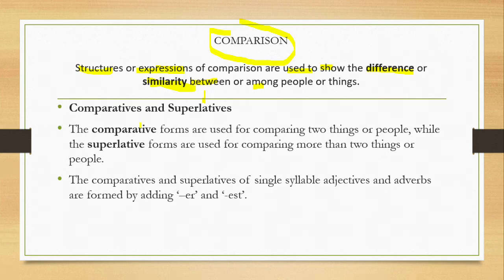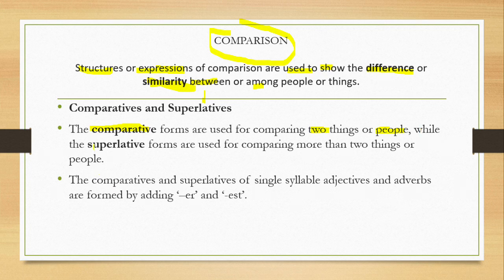So we have comparatives and superlatives. What do we mean here? The comparative forms are used for comparing two things. Simple. So you use the comparative when you are comparing two things or two people.